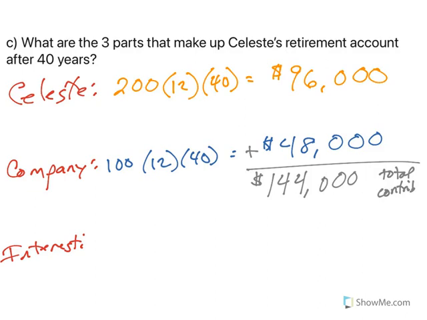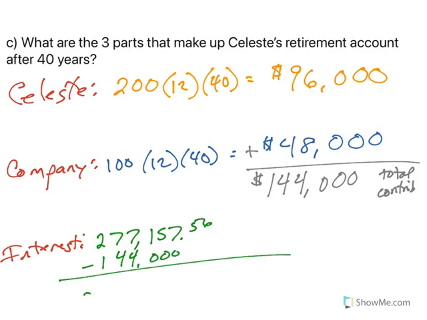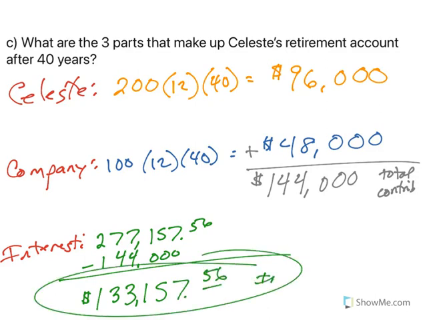So to find the interest, if the final amount is $277,157.56, and 144,000 of that is contributions, then the rest is interest. So in this particular case, Celeste's account after 40 years will have $133,157.56 in interest.